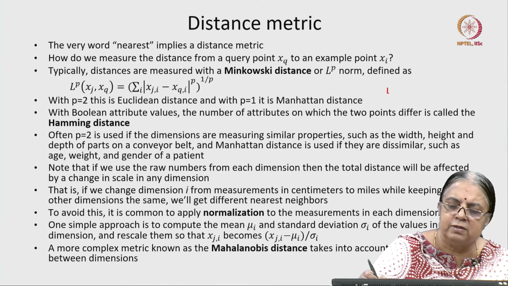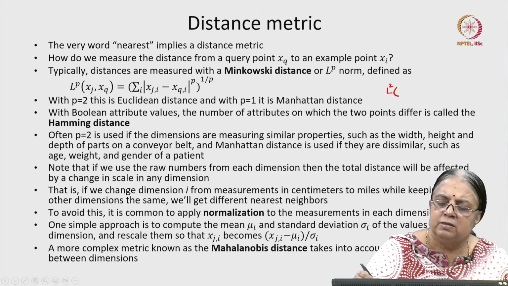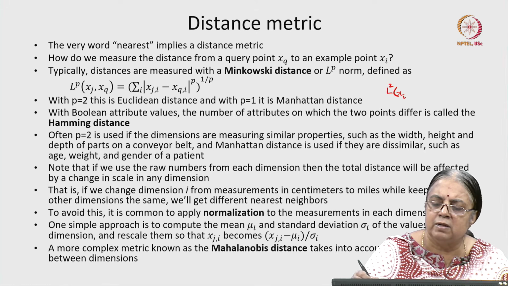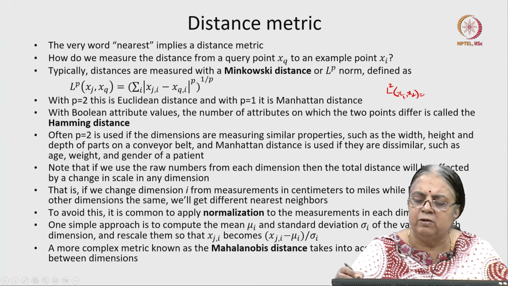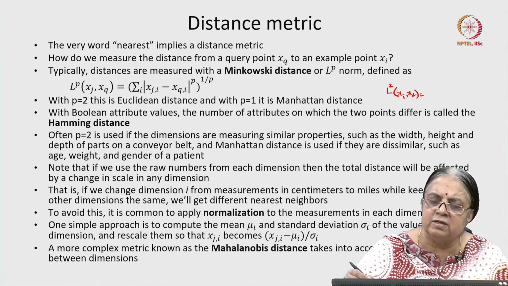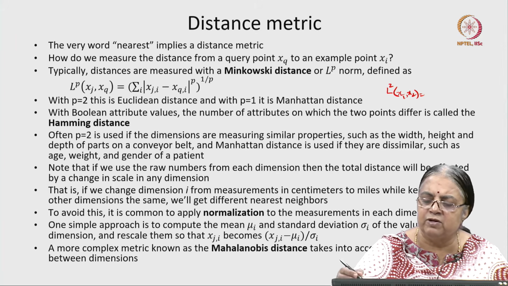So, we call it the L2 norm between, say, x1 and x2. Suppose each of them has a dimension of 3, for 3 features.